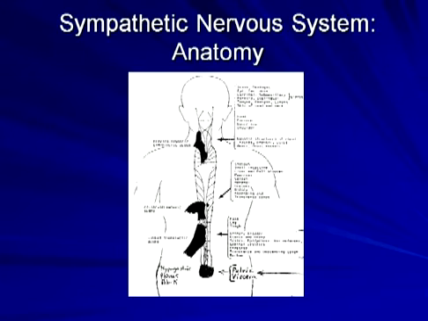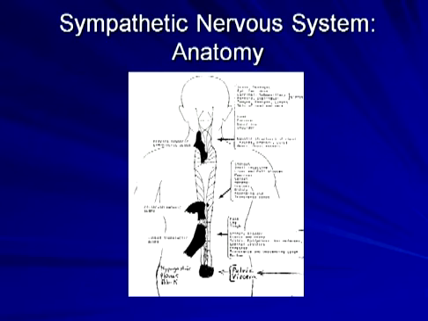To L2, your preganglionic sympathetic neuron originates from the spinal cord, T1 down to about L2. It's organized.